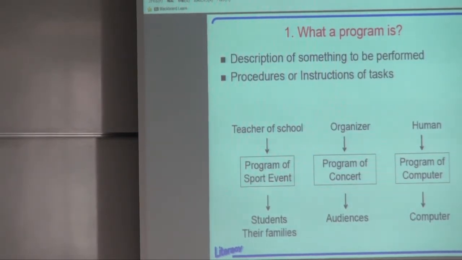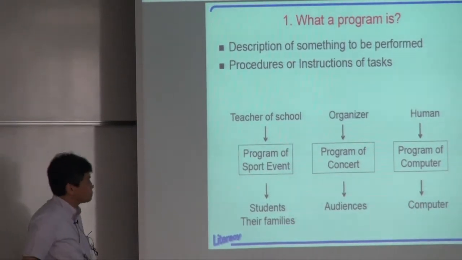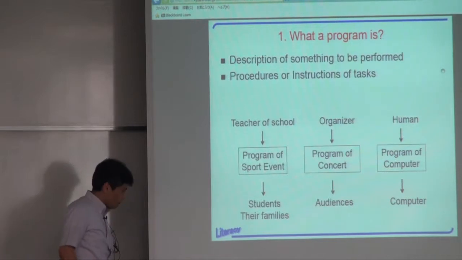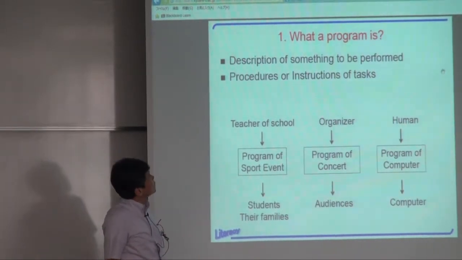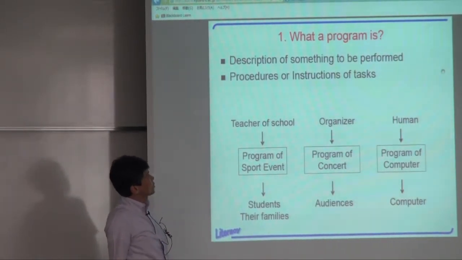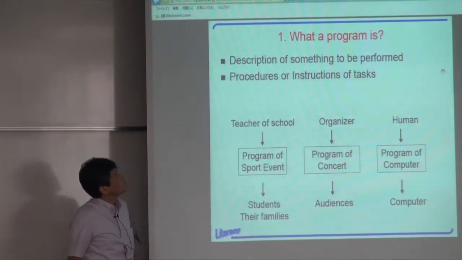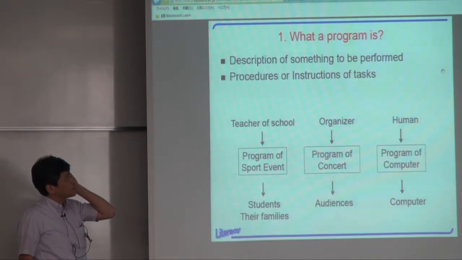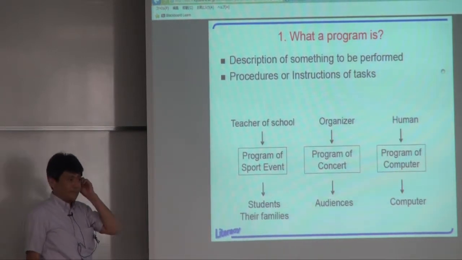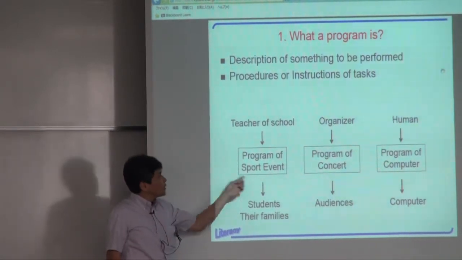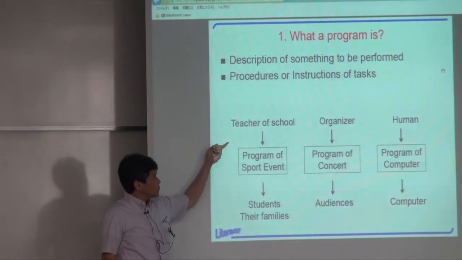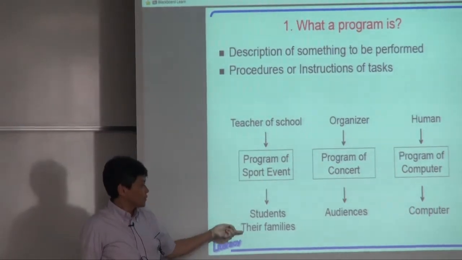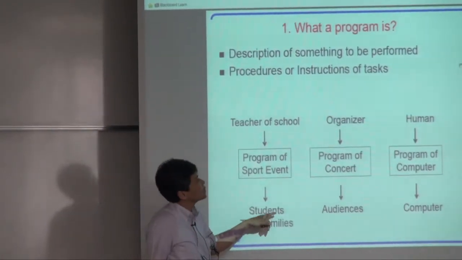This slide shows what a program is. These are samples of programs. A program is treated as a description of something to be performed, or procedures or instructions of tasks. In school, teachers sometimes have to prepare the program of sports events for the families of the students.